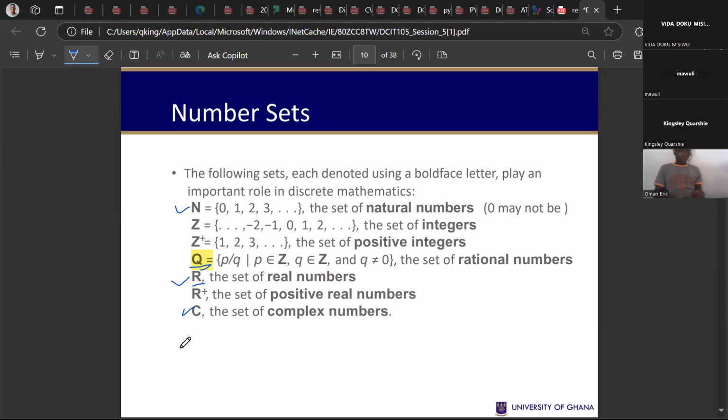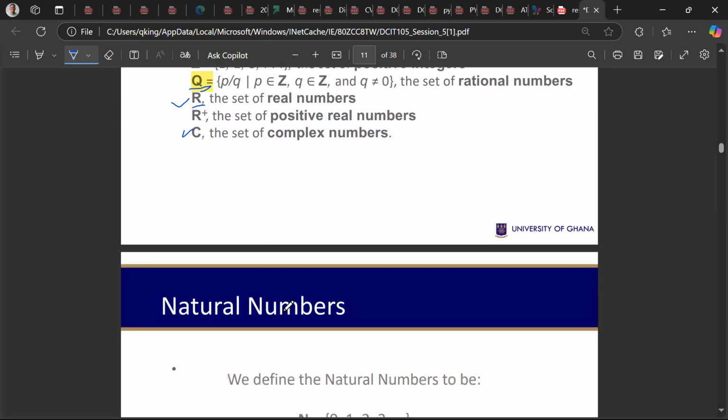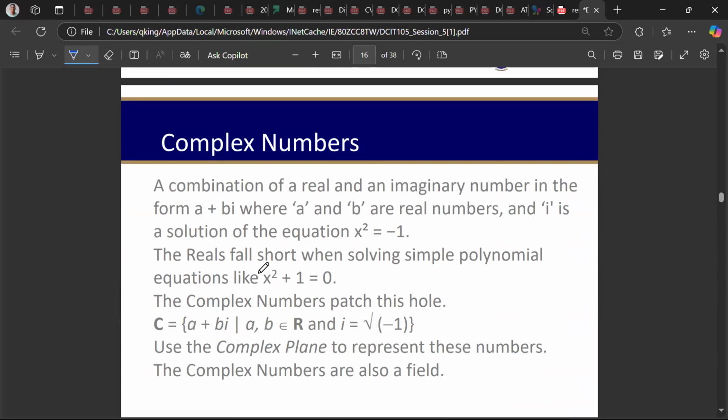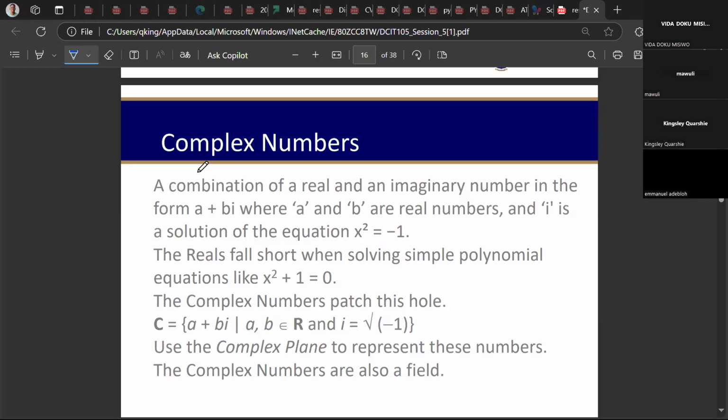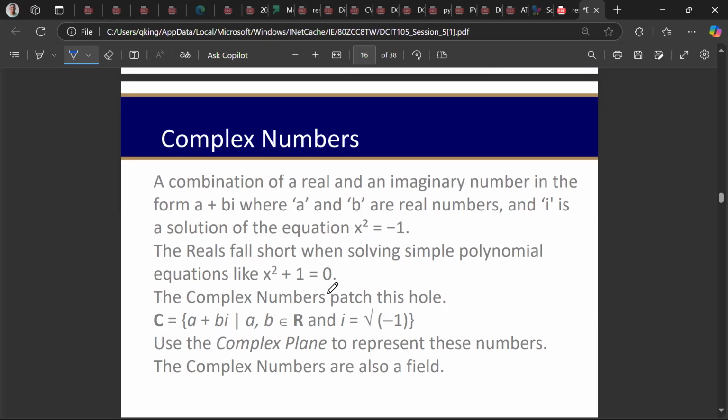The last one has to do with complex numbers. Complex numbers extend the real number system by including the imaginary unit i. They are a combination of a real and an imaginary number in the form a plus bi, where a and b are real numbers, and i is a solution of the equation x squared equals -1.